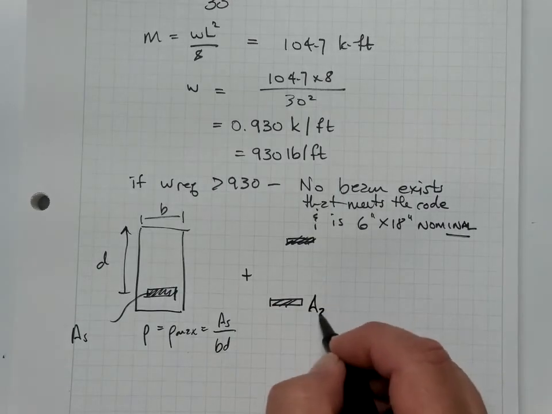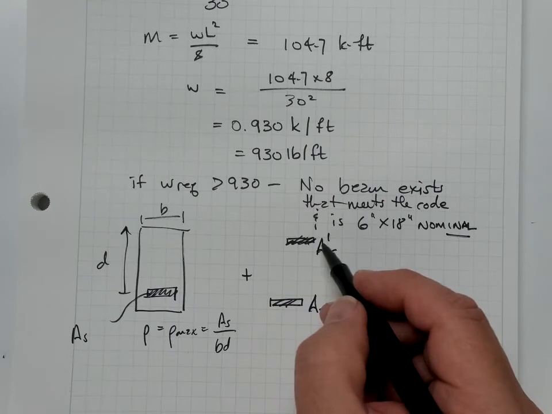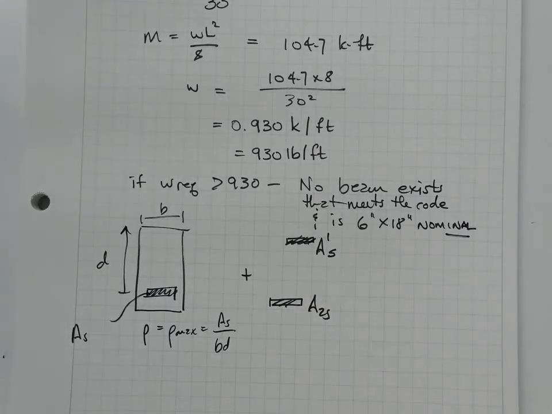This is going to be A_2s, and this is going to be A'_s, because it's in compression. And I'm going to build these 2 beams physically in the same place. So I'm going to end up with a beam that's still 6 by 18.